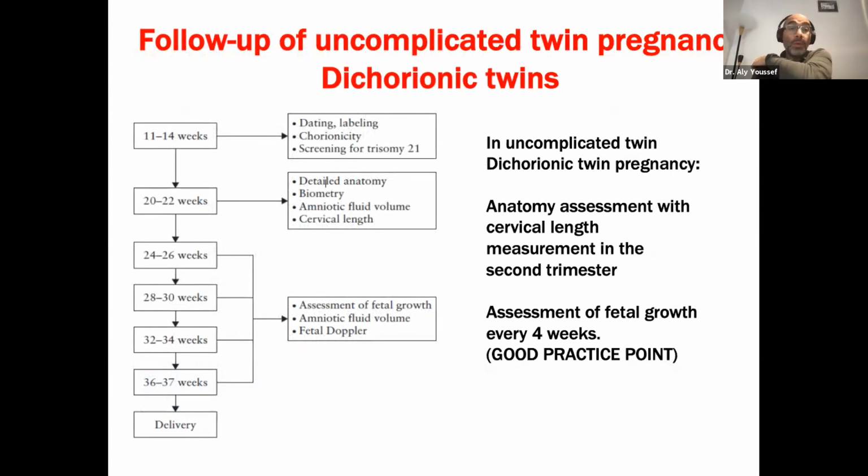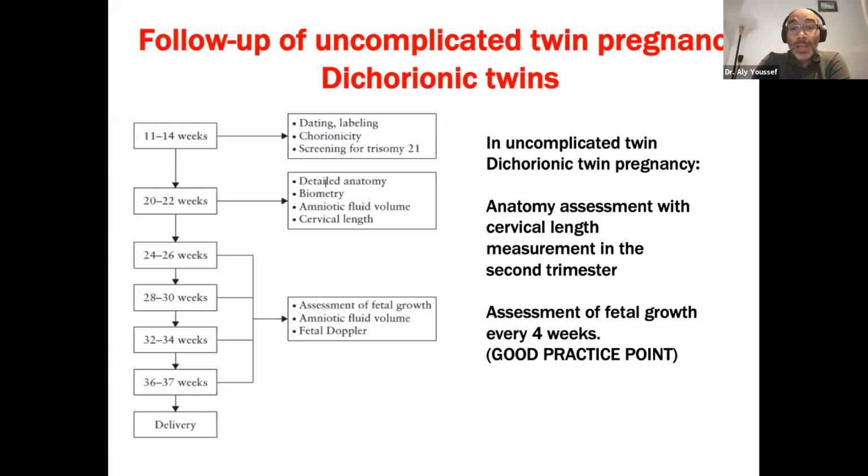So how frequently, okay, should we be seeing women with a twin pregnancy? The frequency and the instrument that we're using for the follow-up of twin pregnancy differ considerably according to the chorionicity. So in case of a dichorionic uncomplicated twin pregnancy, we have to see the patient first at 11 to 14 weeks.